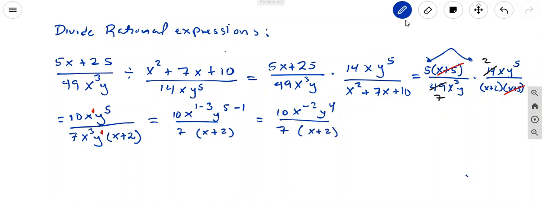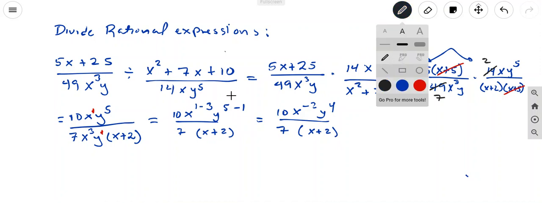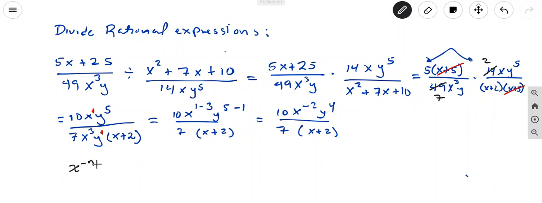Now let us recall one property of exponents, the negative exponent rule, which says that x to the power of negative n is the same as 1 over x to the n. So if I have a negative exponent in the numerator, I bring that exponential expression to the denominator with the exponent positive.